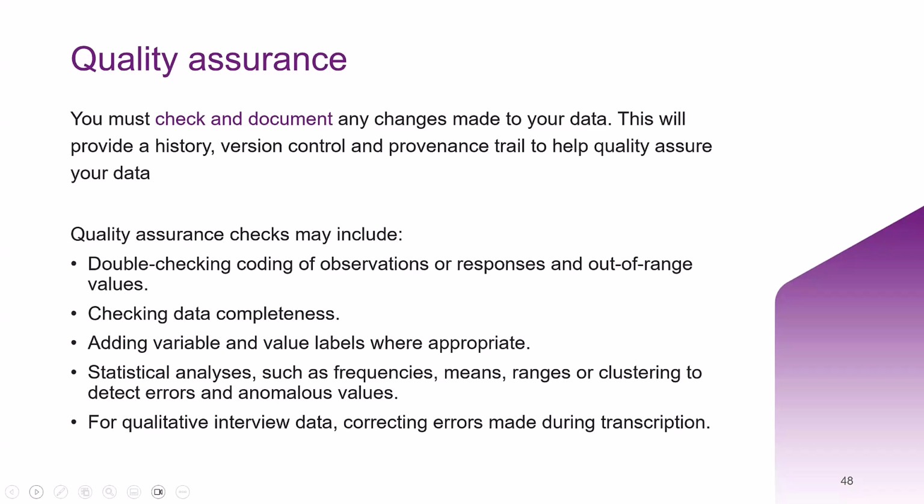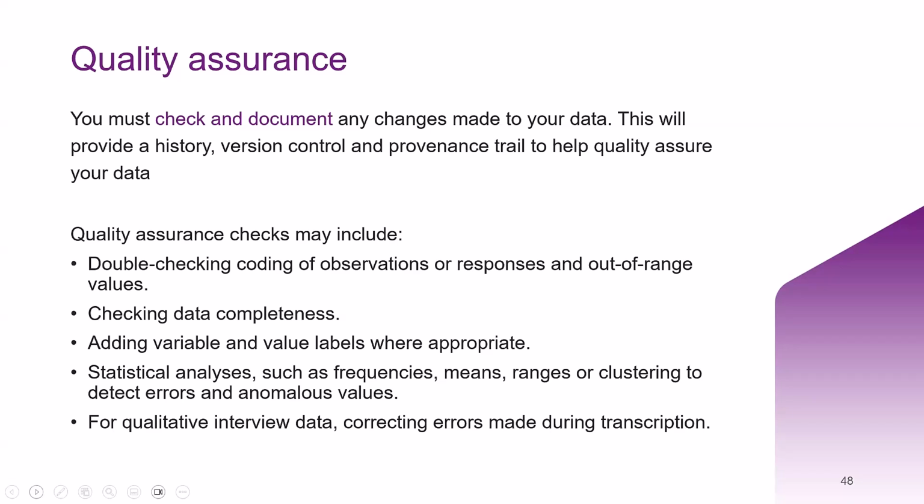Now, when it comes to quality assurance, you really must check all the data and document any changes that you've done as much as possible. What does quality assurance include? For example, double checking coding of observations or the responses that are out of range, checking if the data is complete, did it actually download properly, for example, from Qualtrics.